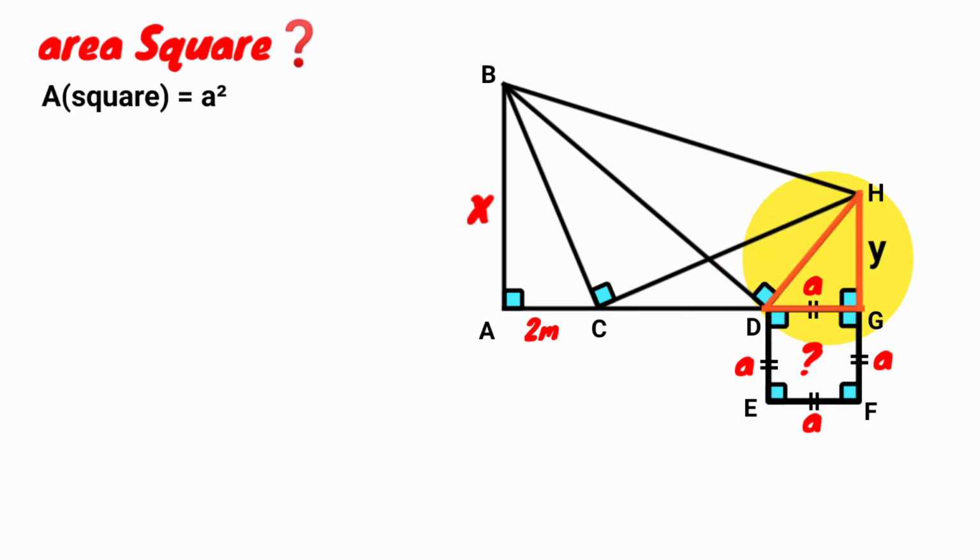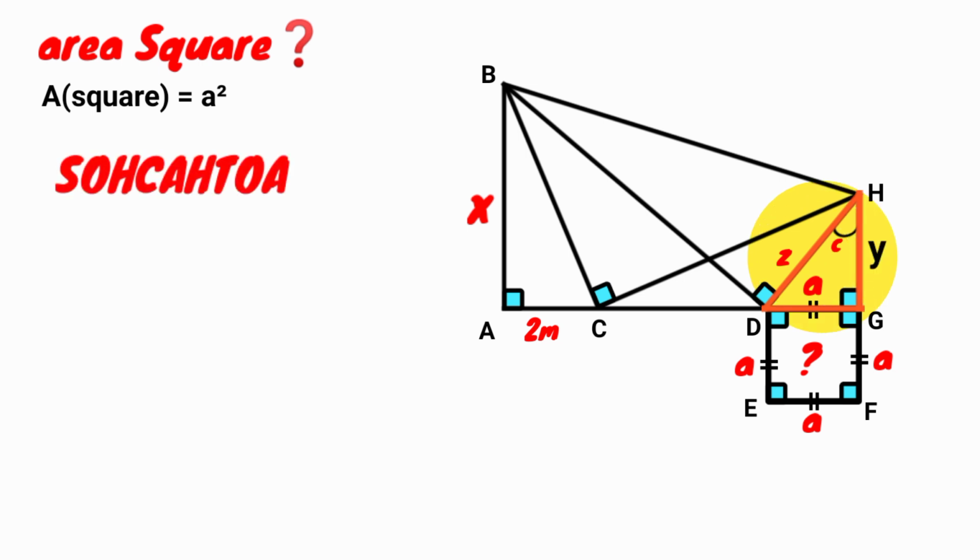Come to this triangle DGH. We observe a right angle in it. That makes it a right angle triangle. Let's assume the size of this angle to be C. Now let this side be Z in length. Now we can go ahead and use the SOHCAHTOA.